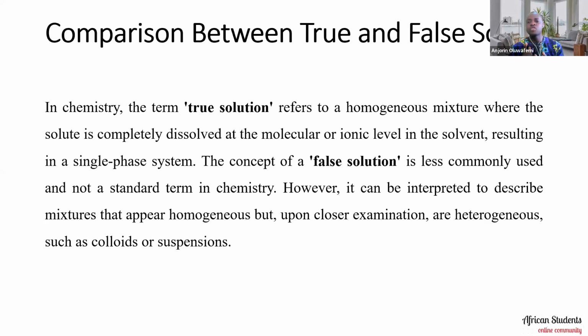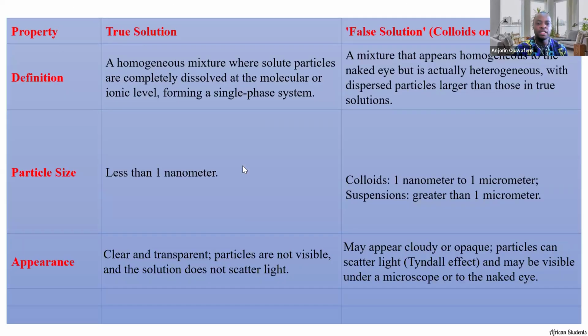Now, the concept of a false solution is less commonly used and not a standard term in chemistry. However, it can be interpreted to describe mixtures that appear homogeneous, but upon closer examination are heterogeneous, such as colloids and suspensions.